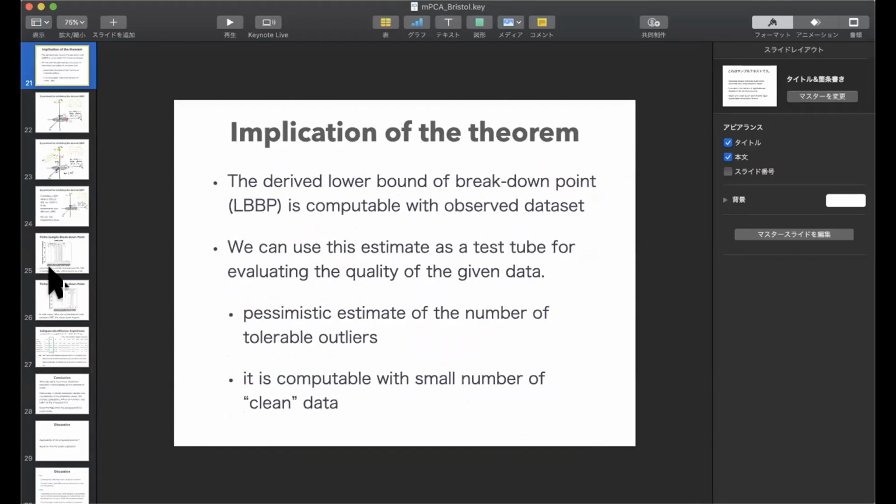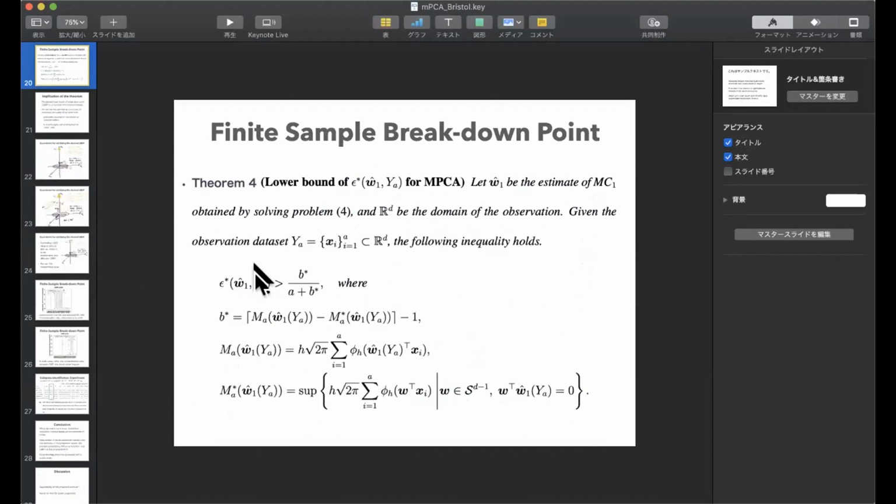This lower bound of the breakdown point can be computed by using the observed clean, inlier-only dataset.